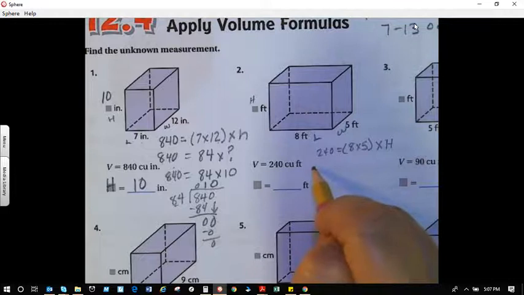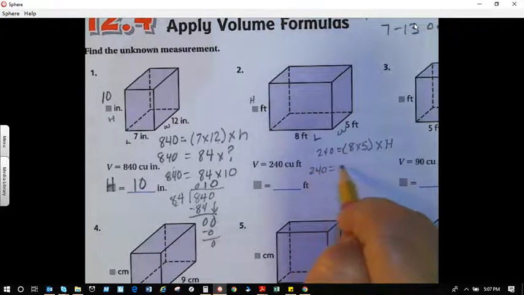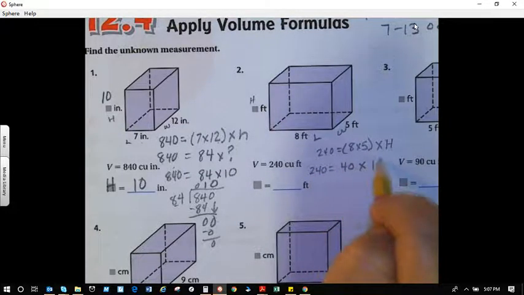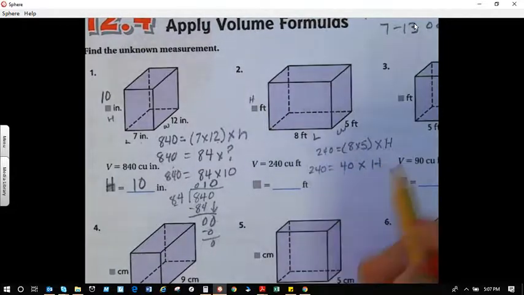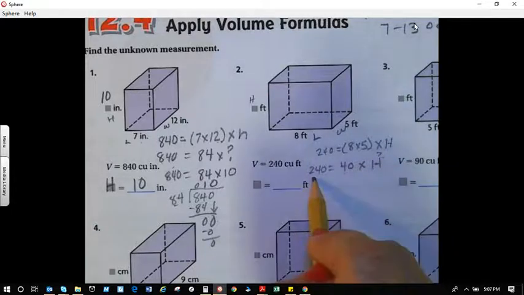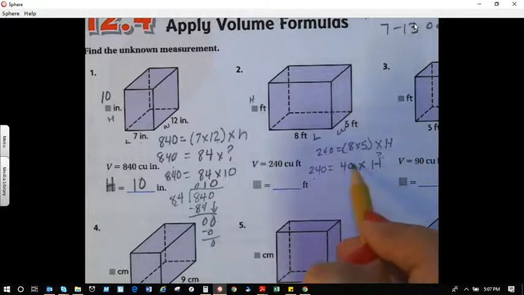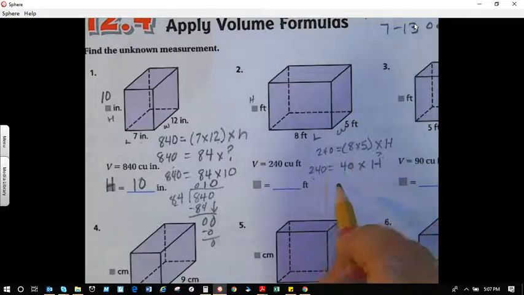So I have 240 equals 40 times h. And then we said 40 times what will give me 240? Well, I'm going to cross out my zeros. 4 goes into 24 6 times. So h equals 6.